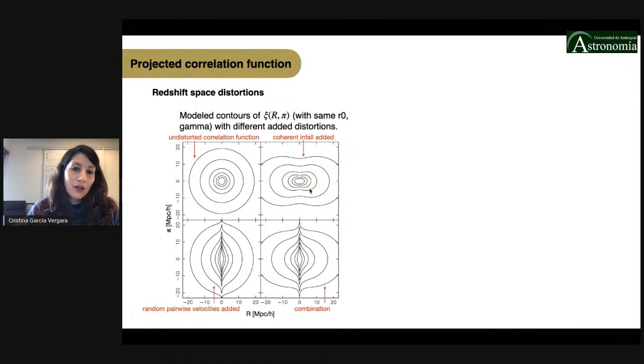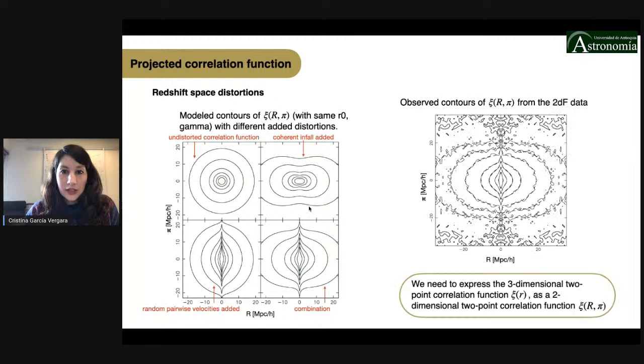And similarly, because you have also particles going in the other direction, the correlation function is also elongated in the sky plane. When you combine those two effects, you get this one, and instead of measuring the real, undistorted correlation function, you're going to measure this one.